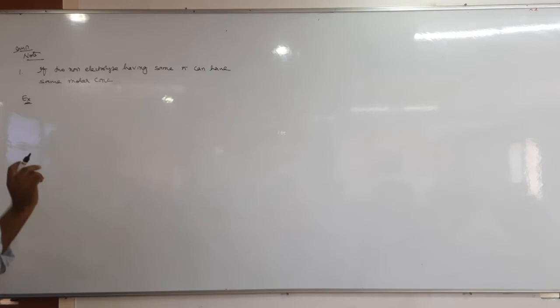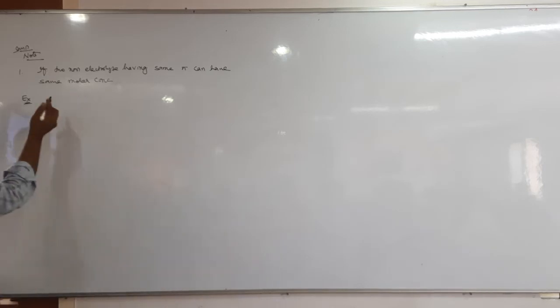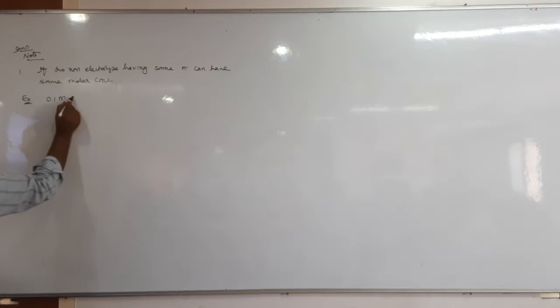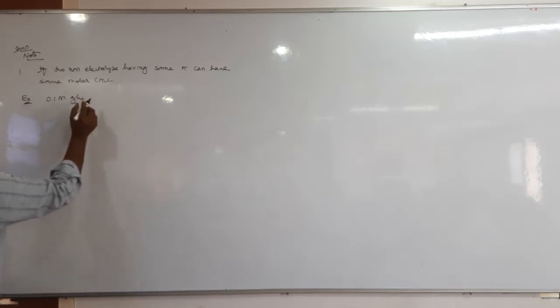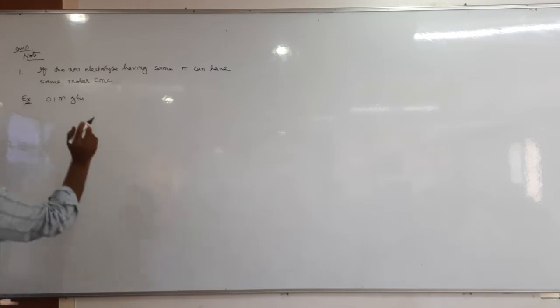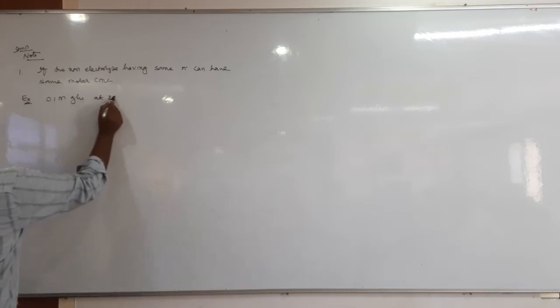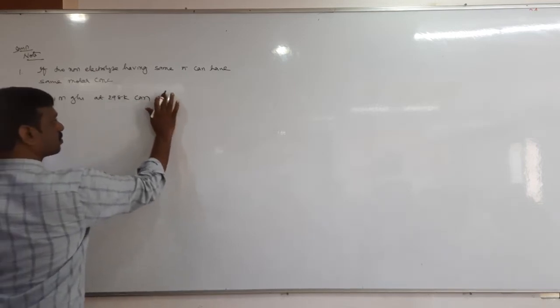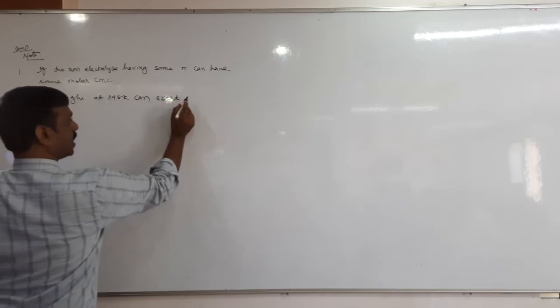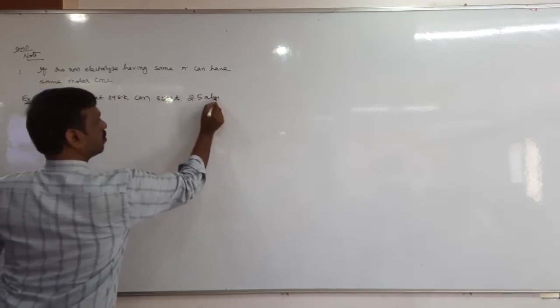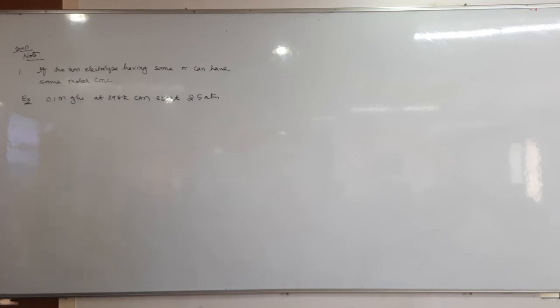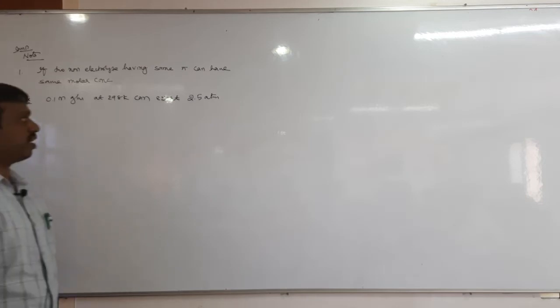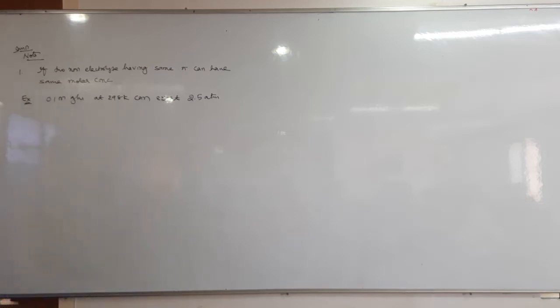Okay, right. One example. 0.1 molar glucose at 298 Kelvin can exert 2.5 atm osmotic pressure.